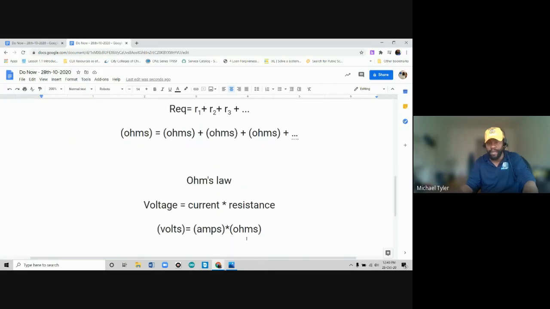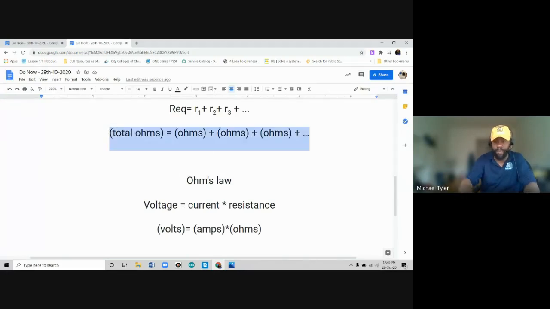So it's the same thing with this here, where this would be omega. And what do I mean by omega? You're going to go to special characters. So this is basically total ohms, like all the ohms in the system, that's equivalent resistance. And this will be total omega in one moment. So let me show you what that looks like.